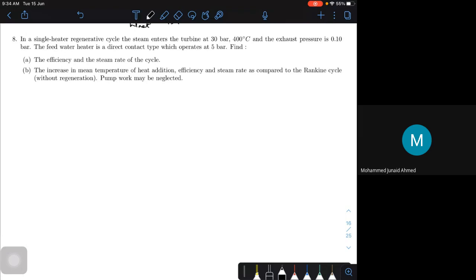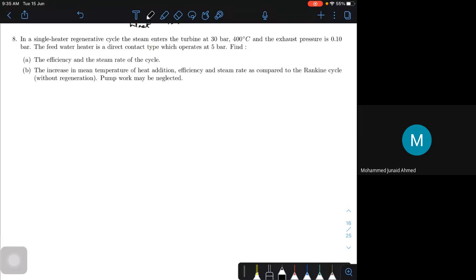Find the efficiency and the steam rate of the cycle. The second one, find the increase in the mean temperature of heat addition, efficiency and steam rate as compared to the Rankine cycle without regeneration. So if I have a simple Rankine cycle, and if I consider regeneration, what is the improvement I am trying to see, and you have to come up with the difference. So we are actually solving two problems.